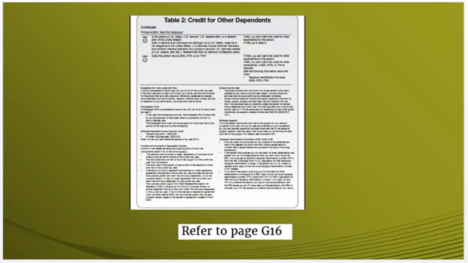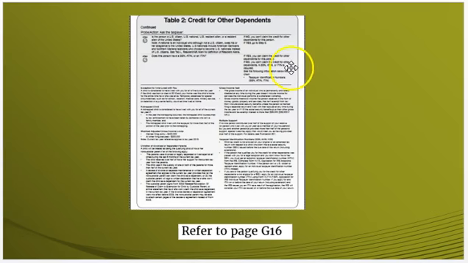The last credit that is non-refundable is the new credit for other dependents. This is a brand new credit, and the page that refers to this credit is G16 in your 4012, and the credit was put in place to handle those people who may have somebody in their household who no longer is eligible for the child tax credit, but is still living under their roof and they are still caring for this person.